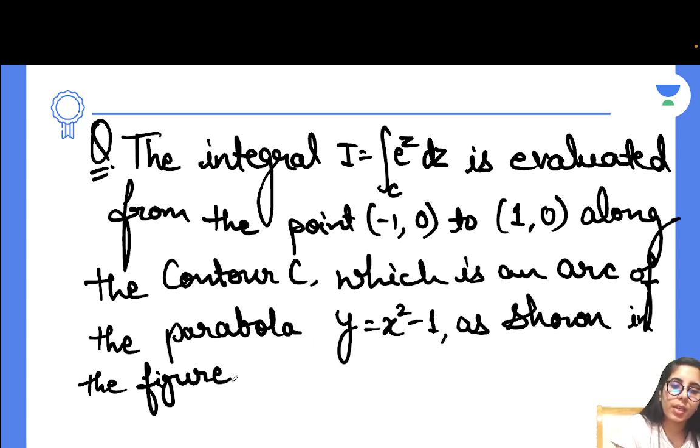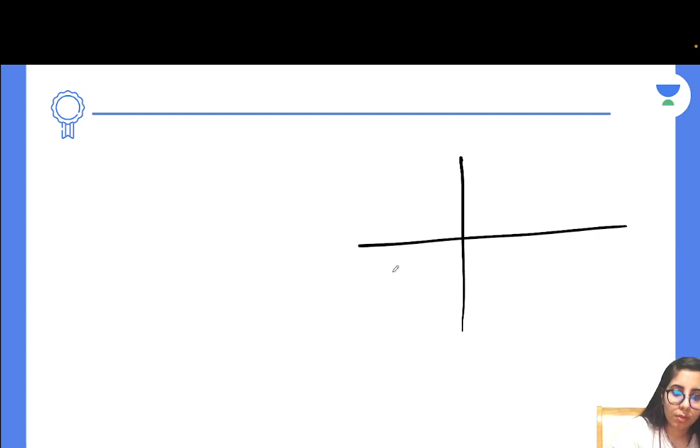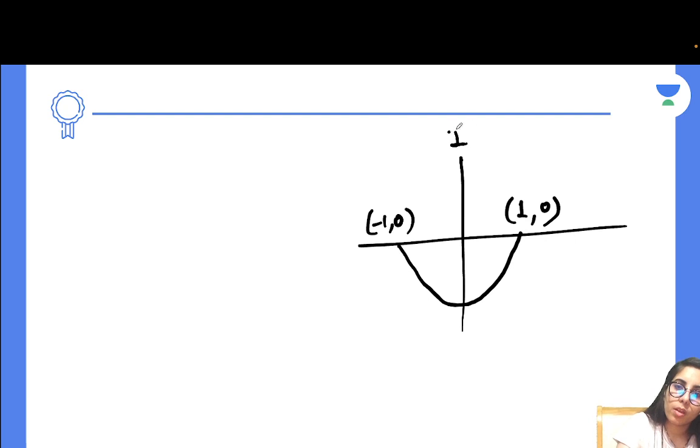The value of I is... now we have the figure given to us something like this: minus 1, 0; 1, 0; imaginary part of z, real part of z. This is the contour C.